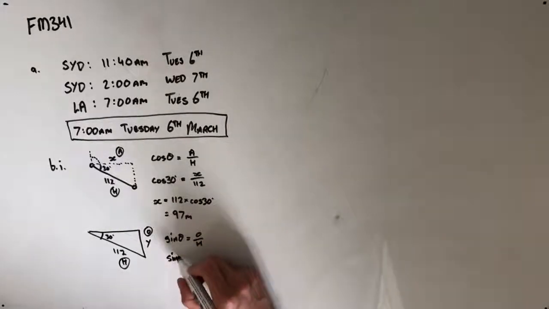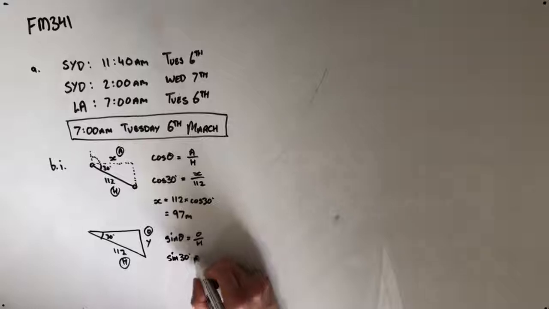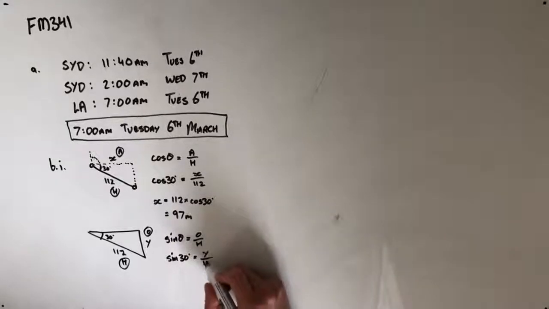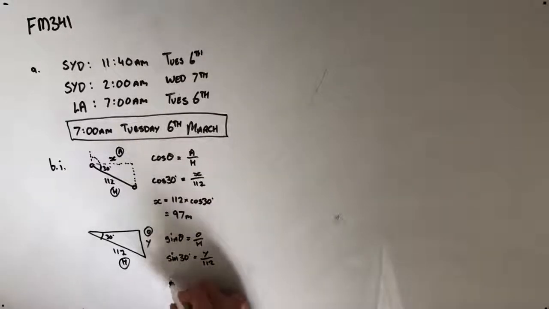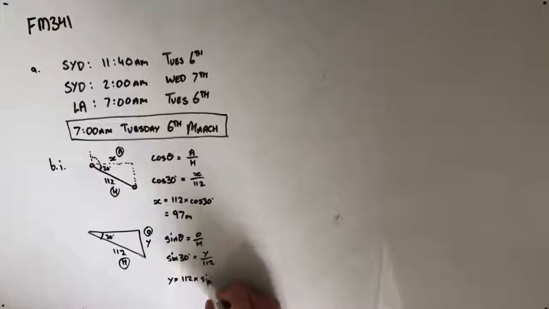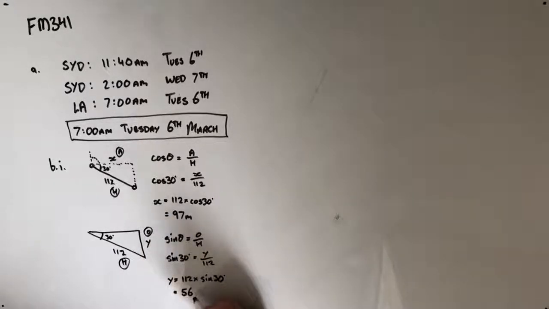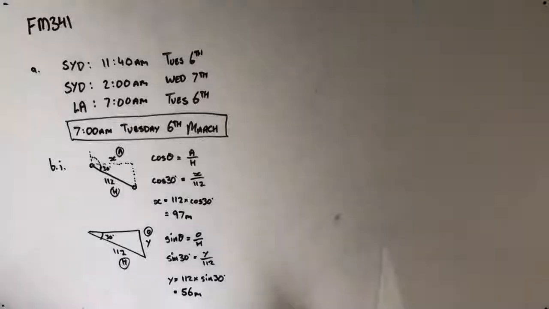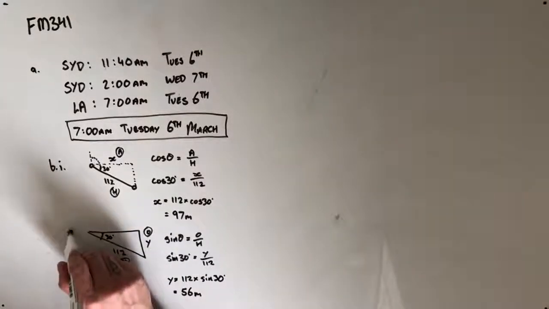Substituting our known values, we should get sine of 30 degrees is equal to y over 112. Rearranging again for y, we get y equals 112 times sine 30 degrees, which when we plug that into a calculator and round to the nearest whole meter, we should get 56 meters. So that was part II.